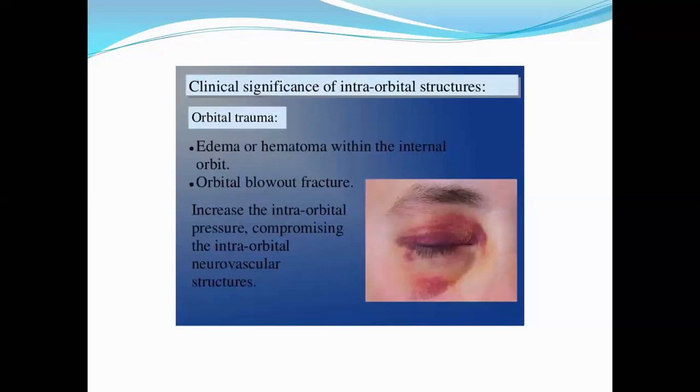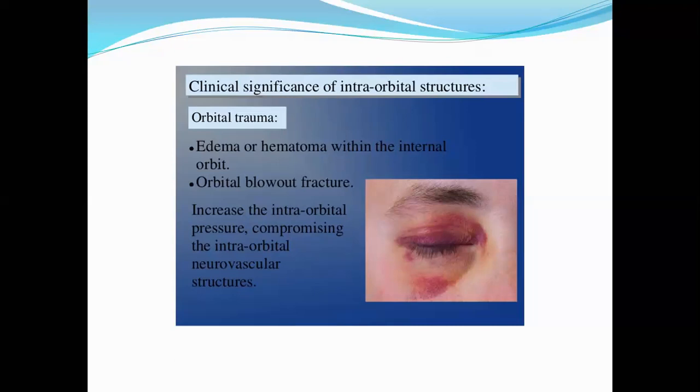Clinical significance of intra-orbital structures: orbital trauma may result in edema or hematoma within the orbit. Orbital floor blowout fractures increase the intra-orbital pressure and that compromises the intra-orbital neurovascular structures.